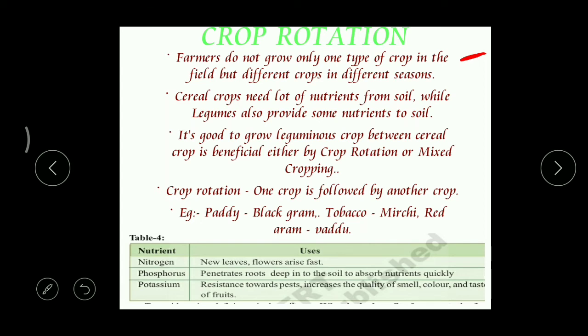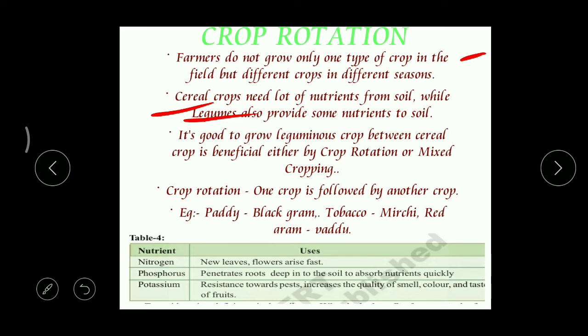Actually cereal crops need a lot of nutrients from our soil. Cereal crops means like rice, then wheat, these things. So they need more nutrients from the soil, while legumes need a smaller amount of nutrients. Legumes, yes, even you got this in your 8th class, I think.